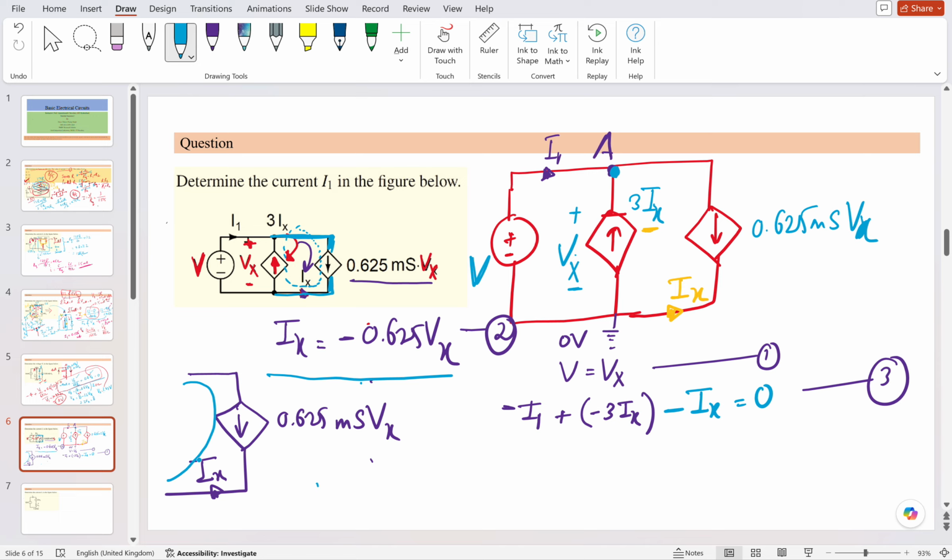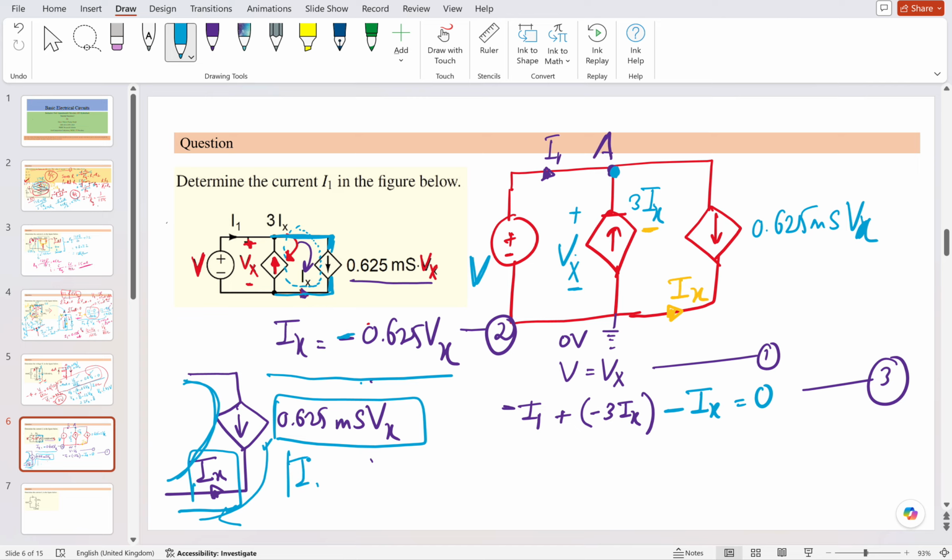If it is the same branch, with both connected and no other parallel sources, they are in series. Series means the current is the same, and the branch current is constant, it should not be variable. So this current will be equal to this current only, but their directions are different. One is incoming, one is outgoing, so that's why we have taken a negative sign.